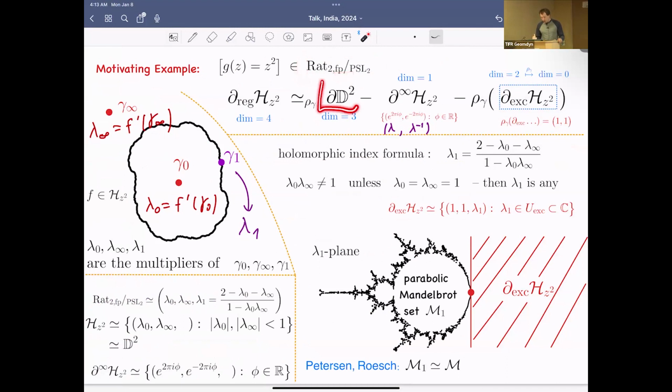But I would like also to view it formally. So using the multipliers, we can identify the hyperbolic component with the unit disk in some power, and then we can ask for a formal boundary. And we can ask whether some parts of the formal boundary can be realized in the regular moduli space.